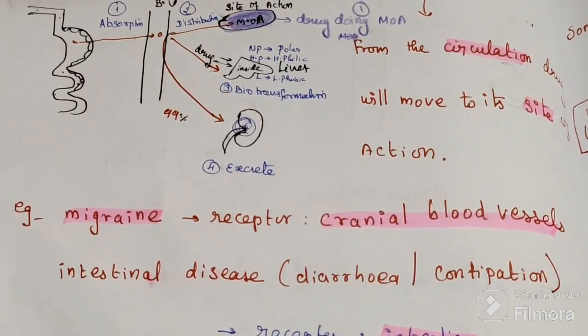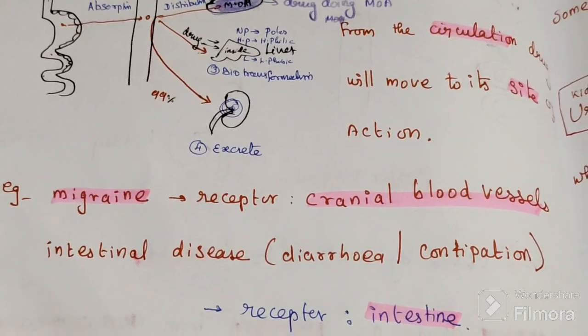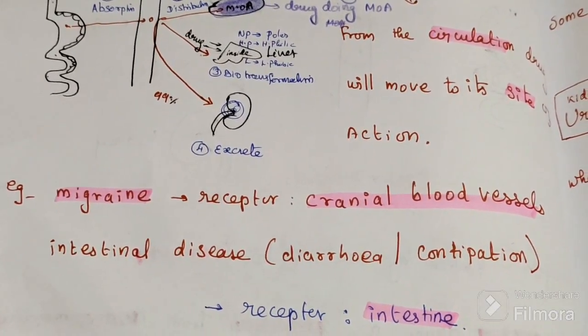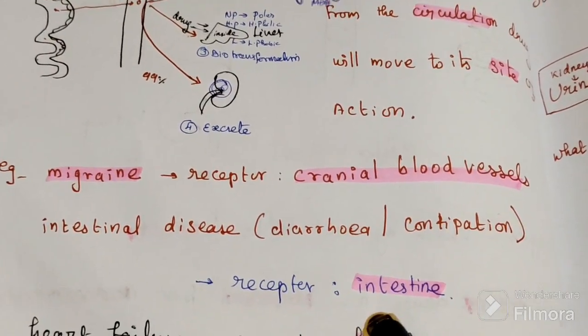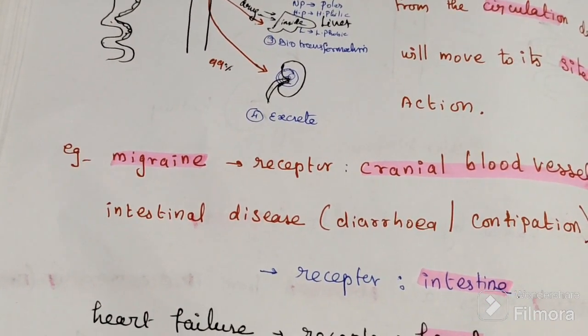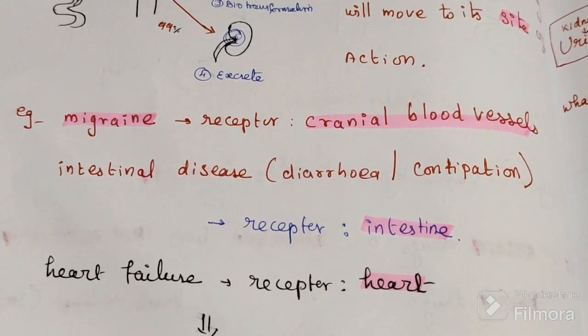If I am taking a drug for some intestinal disease like diarrhea or constipation, the receptor is supposed to be in the intestine. If I am taking it for heart failure, the receptor is supposed to be in the heart.